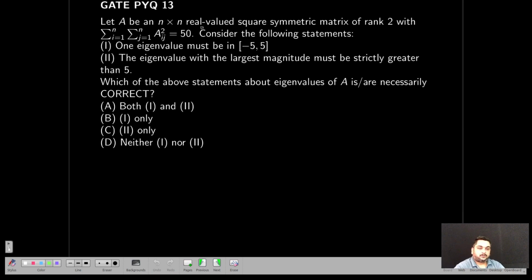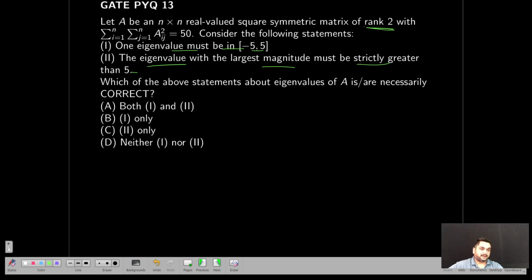Let A be an n cross n real valued square symmetric matrix of rank 2. Rank 2 I already mentioned with these values. Consider the following statements. One of the eigenvalues must be in minus 5 to 5. The eigenvalue with the largest magnitude must be strictly greater than 5.